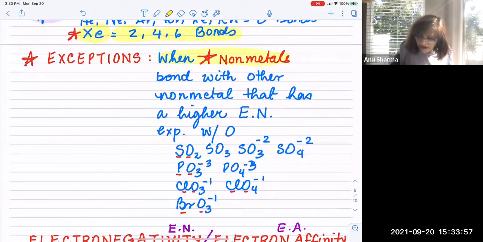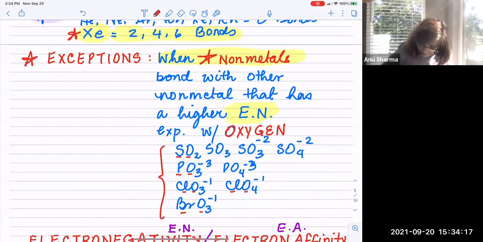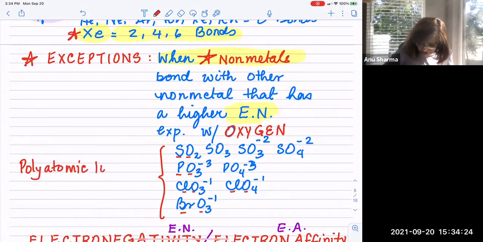Okay, now what are these exceptions? These exceptions are when these nonmetals react with another element which has a higher electronegativity, and generally with oxygen. So we see a lot of polyatomic ions, called PAI.